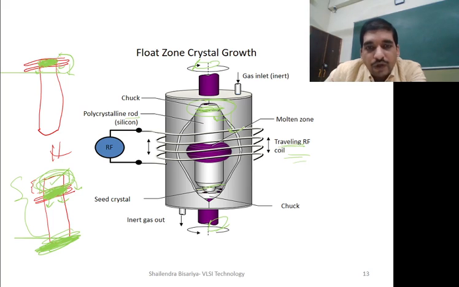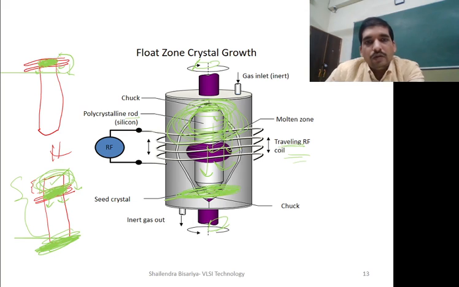Then the RF coil will move downwards, so impurities will move again downwards, and so the process takes place. With its rotation in circular direction, it will obtain the cylindrical shape and the single crystal structure, and continuously moving downwards, at last all the impurities will be collected at the bottom side.